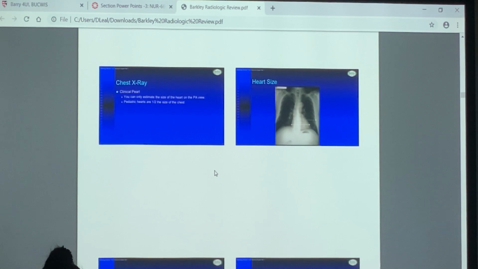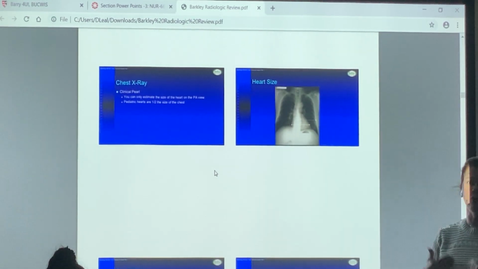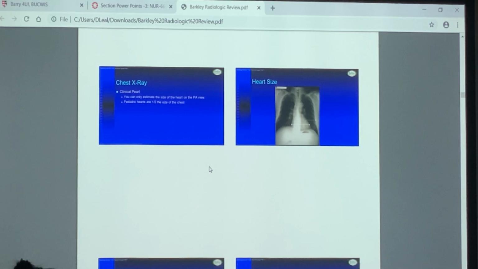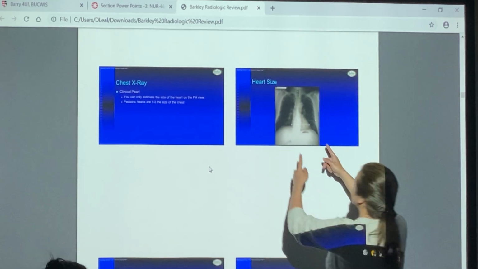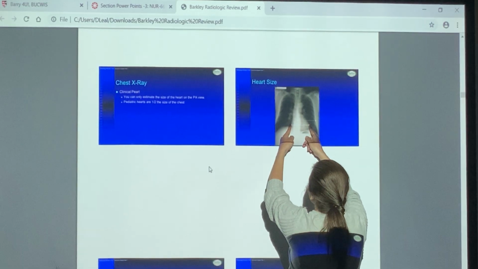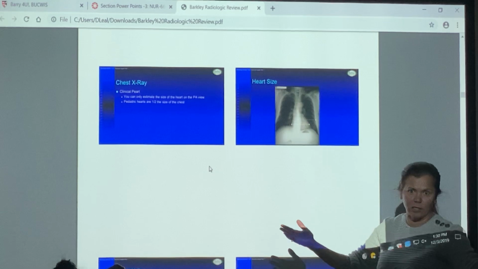And again, as I told you, you can only determine the size of the heart if you do a PA view, no AP, no lateral. So again, you measure the heart at the largest width, and you transport that. Of course, we have better technology in hospitals, right?